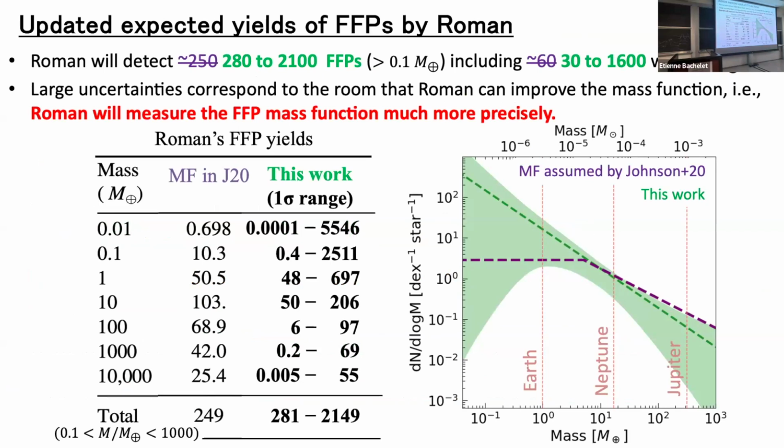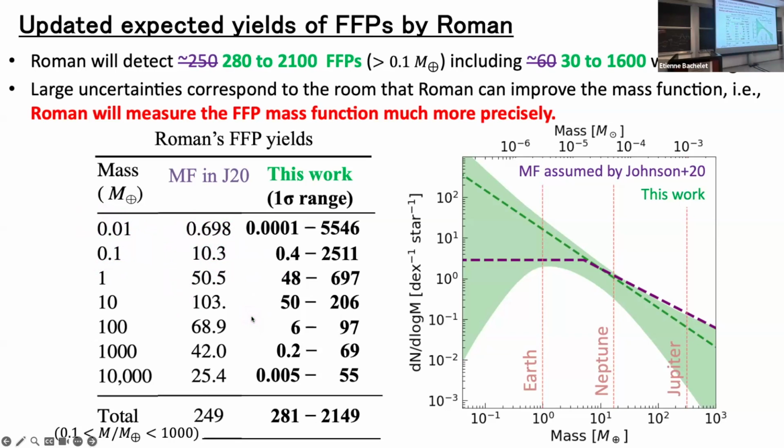Yeah, actually, I have to say I'm attracted by Gould's suggestion. As you can see from this table, for example, for 0.01 Earth masses, the uncertainty in the expected number is more than, I don't know, 5 or 10 orders of magnitude.